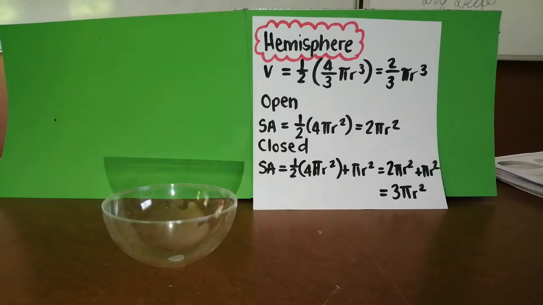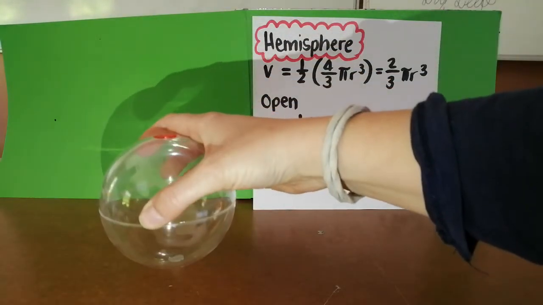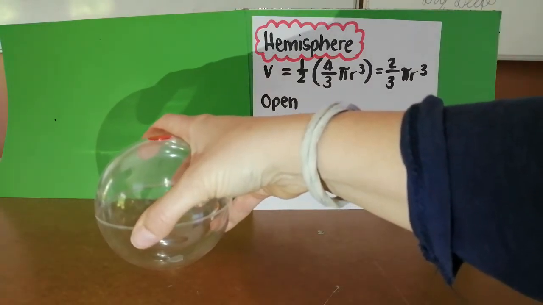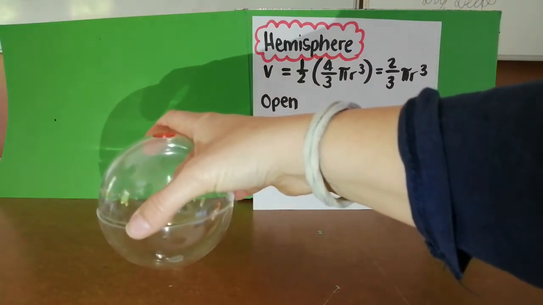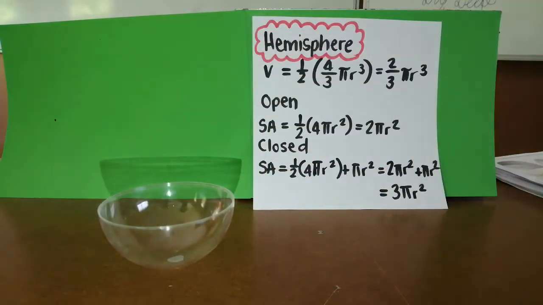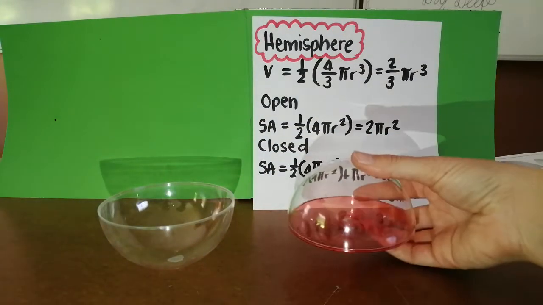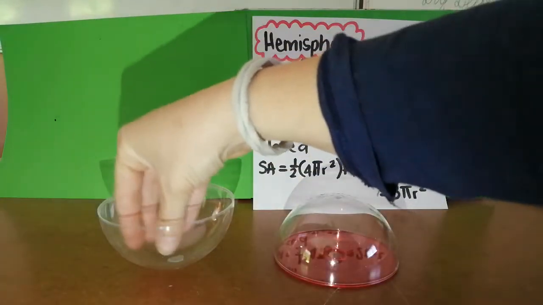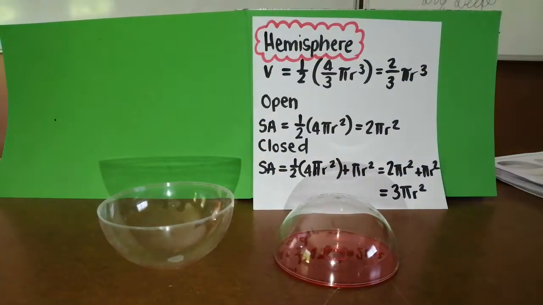So those are the two shapes we've just seen: a sphere, which is a completely symmetrical ball, and our hemisphere, which can be closed with a lid or open with no lid.